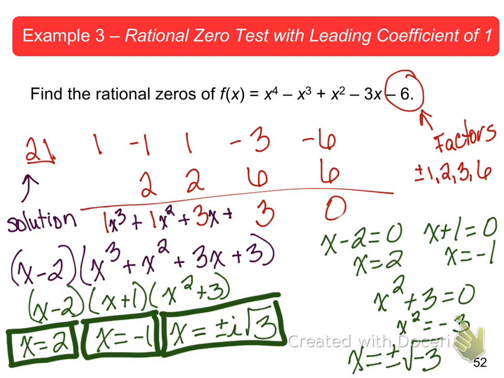If I have an even exponent, are the ends of my graph going to go separate directions, or both? Both up or both down. So when my leading term is positive, which direction does it go? Both up or both down? I heard it. Both up, okay?